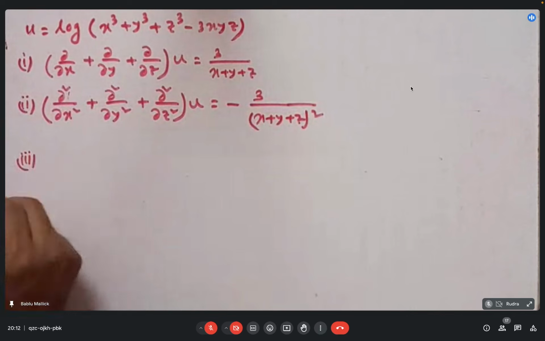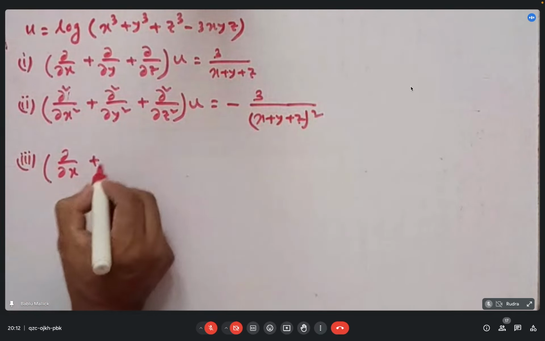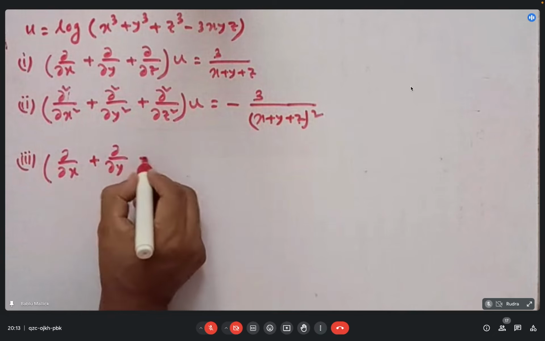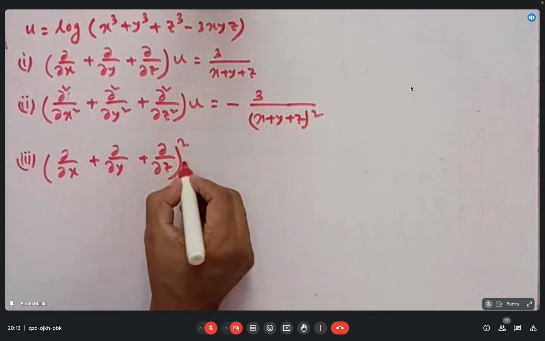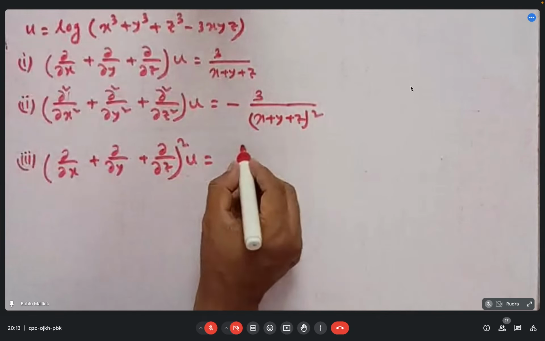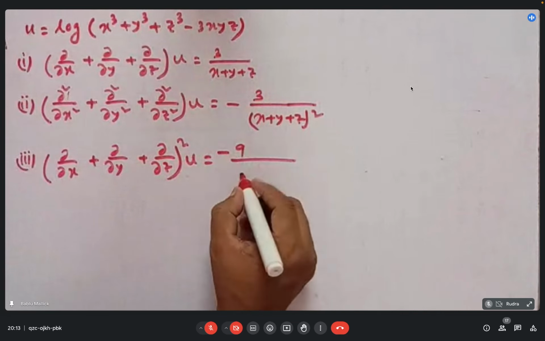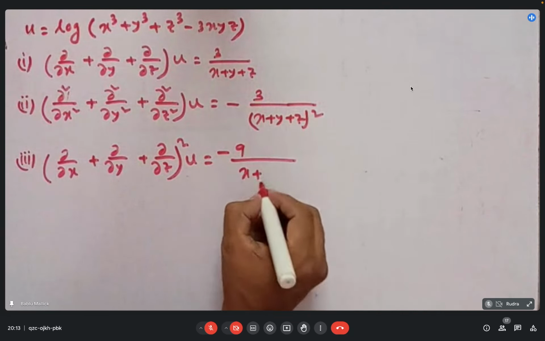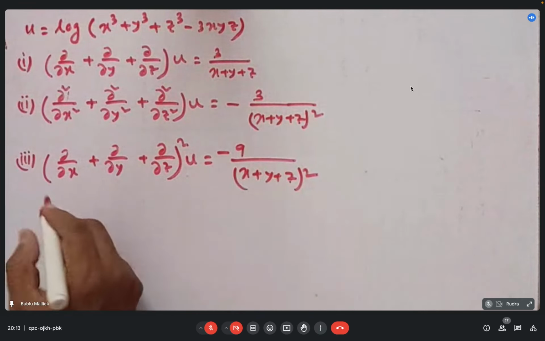And number 3, del x plus del y plus del z whole square of u is equal to minus 9 divided by x plus y plus z, this whole square.